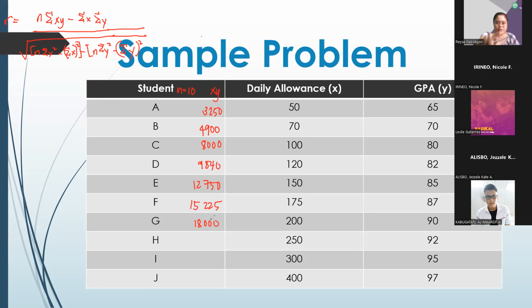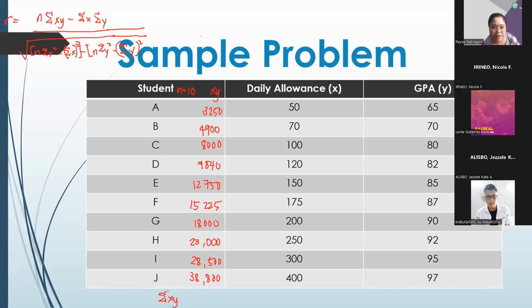Tell me if I missed something sa pag-multiply ha. 250 times 92 is 23,000. 300 times 95 is 28,500. And we have 400 times 97. That's 38,800. Okay? And then, kung na-multiply na natin sila isa-isa, we will get the summation.